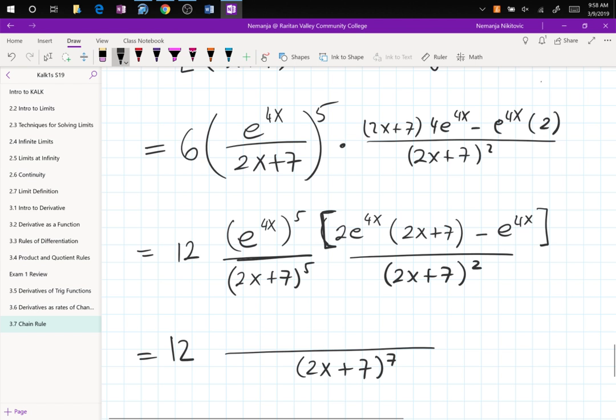Now, on top, I get to factor this, and that's going to be e to the 4x, and then this one, it's e to the 4x to the 6th power. And what's left in parentheses is 2 times 2x plus 7 minus 1.